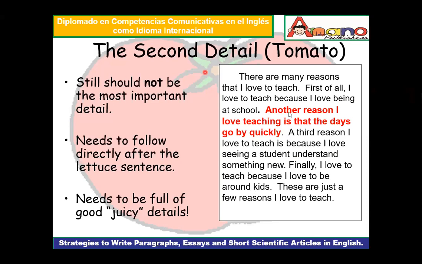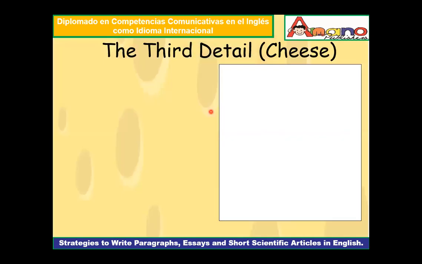So another reason I love teaching. This is another. Okay, so what's the next ingredient? Maybe the meat, the cheese. Okay, this is the correct order for preparing a hamburger.